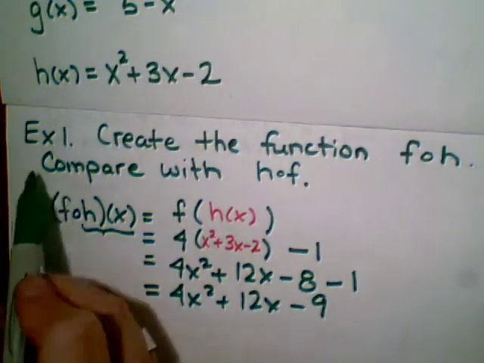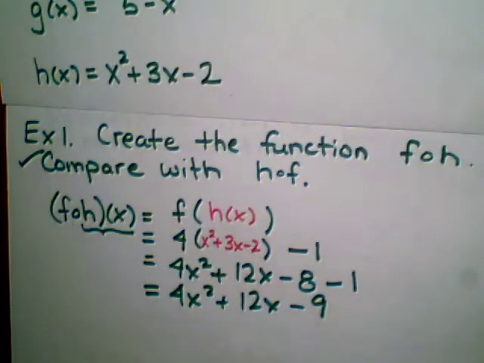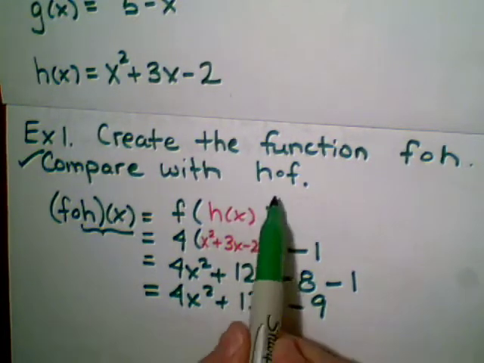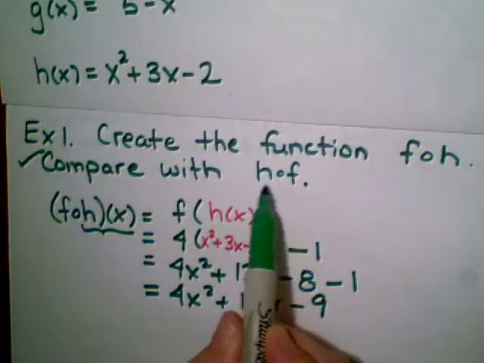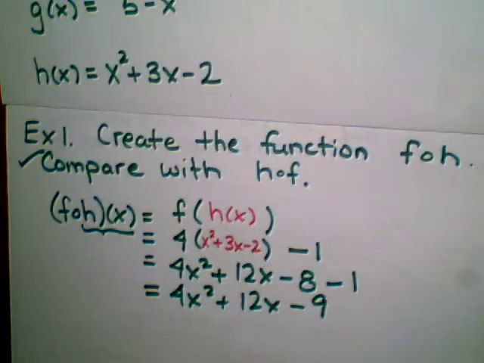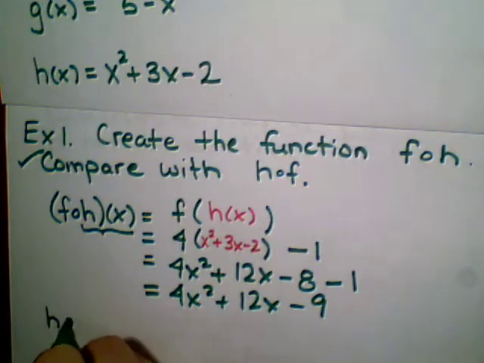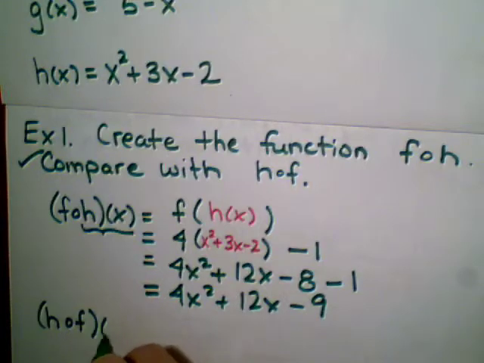Okay. Now let's continue this example and compare this function with the function h composed with f, where the two functions are listed in a different order. And we're going to see that composition is not commutative. And we're going to get a different answer if we change the order of the functions in the composition.